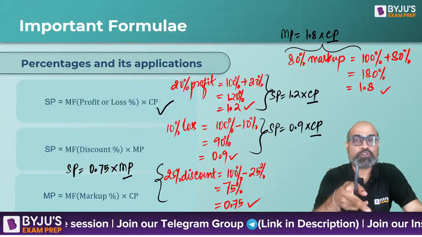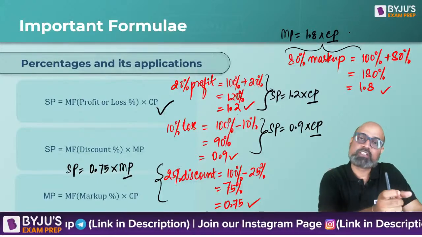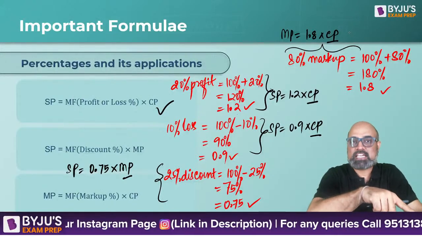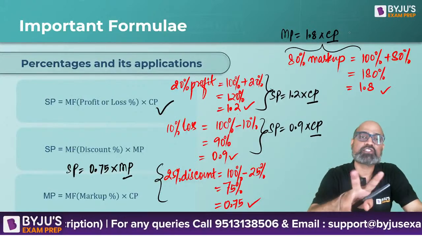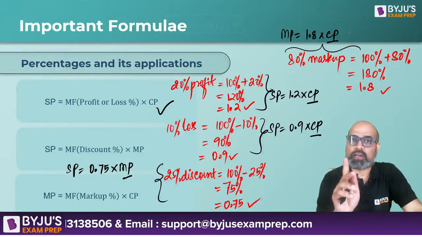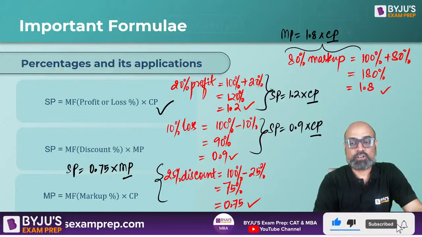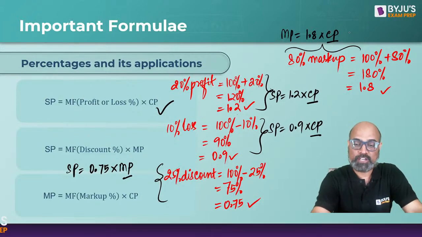So whenever you have a confusion, cost price is your first point. After that, the price moves to mark price. That's your second point. And after that, selling price is your third point. So selling price is always your last value. And since it's a last value, it can't be the base. Okay. We are going to use this a lot because it helps us solve questions very, very quickly.